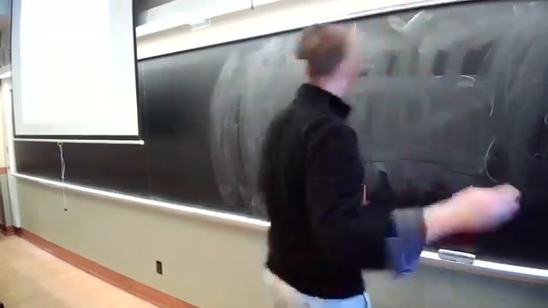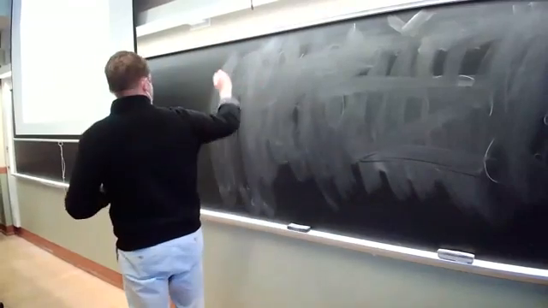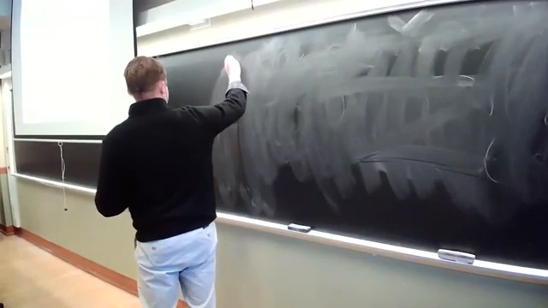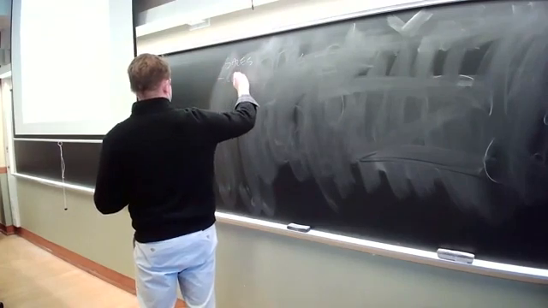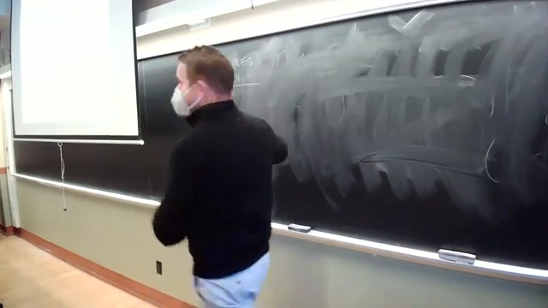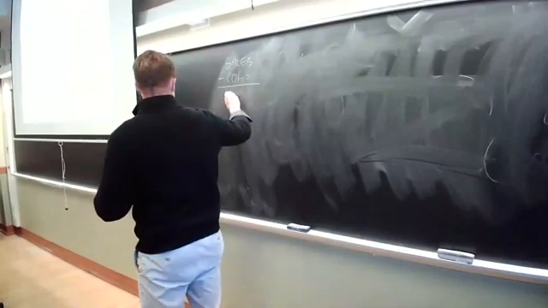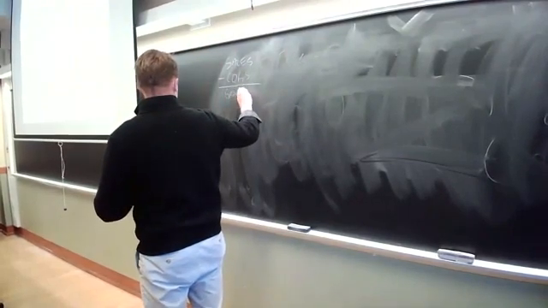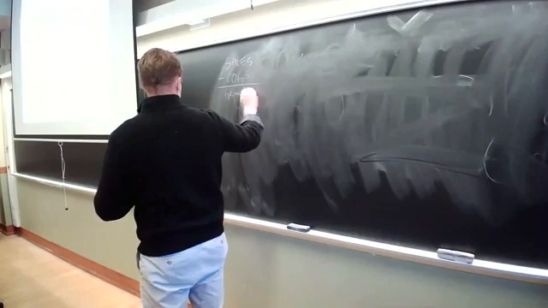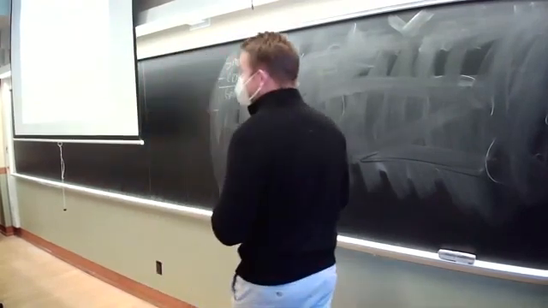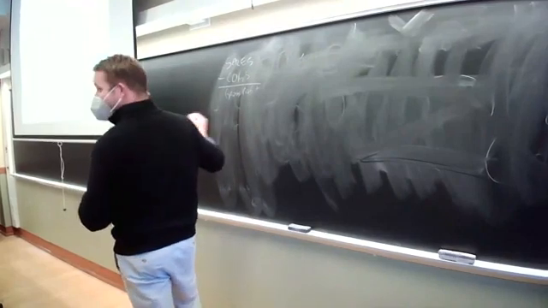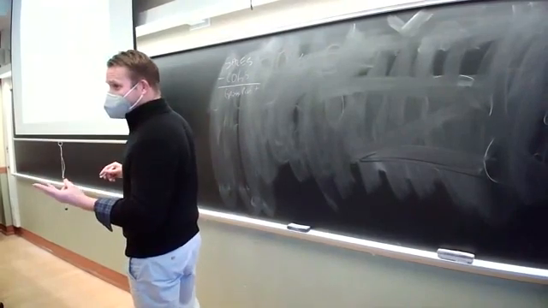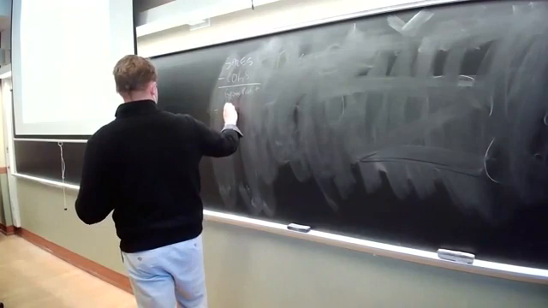You guys may all be fine with this, but you might have sales minus cost of goods sold equals gross profit, minus these operating expenses, which generally are selling, general, and administrative expenses.